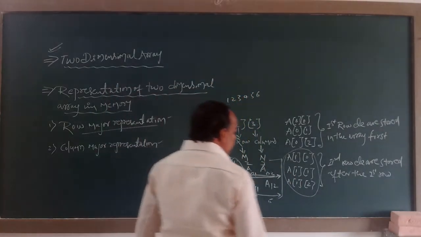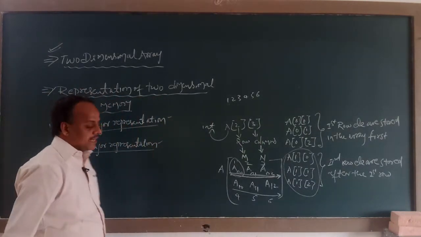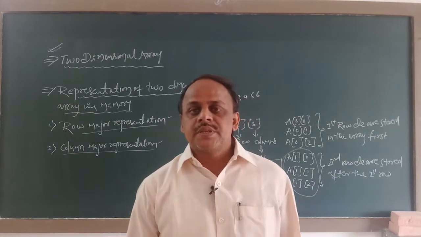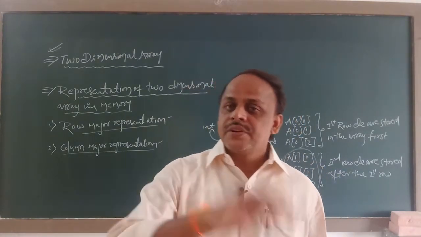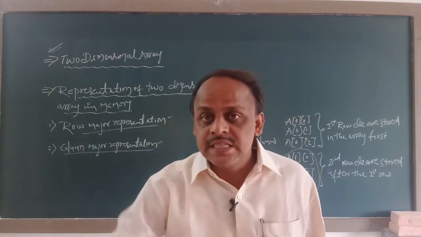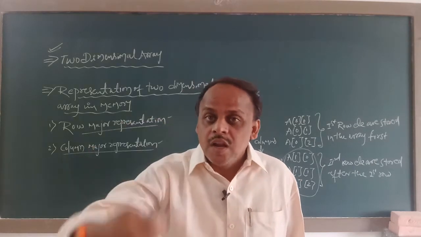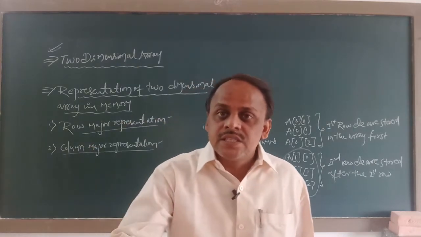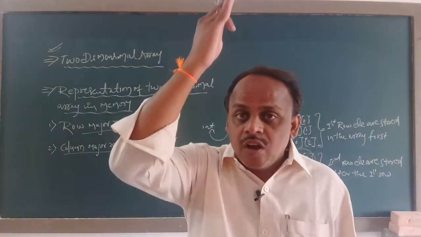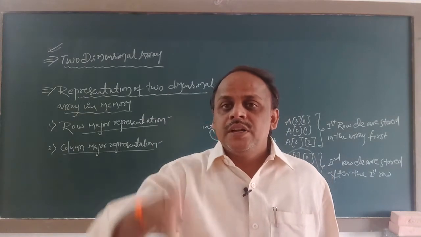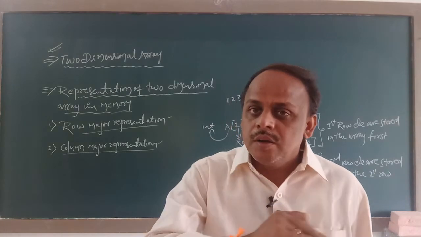Now let us consider column major representation. Obviously, what is meant by column major representation? After studying row major representation, we can easily say what column major representation means. In this type of memory representation, the first column memory locations are filled with the first column.